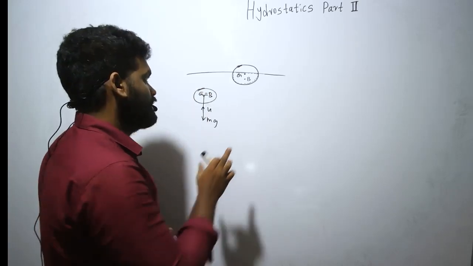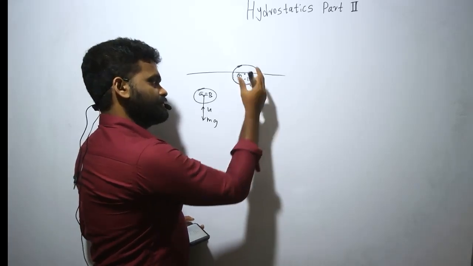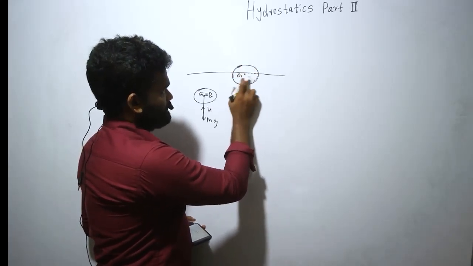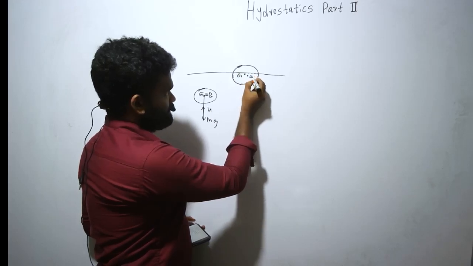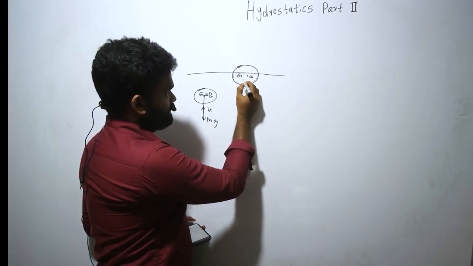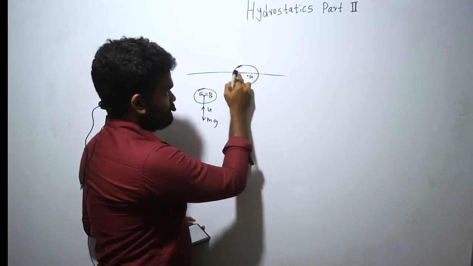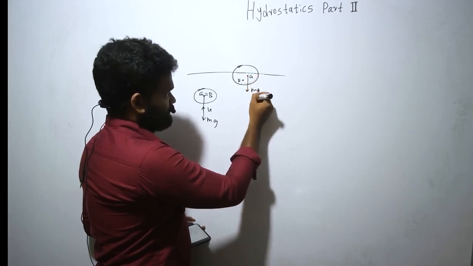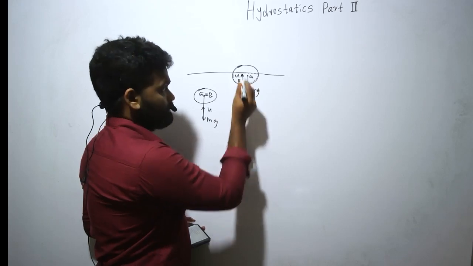It doesn't change. If you take this object and tilt it, G comes here. That is how you check the equilibrium. G comes here, B comes here. So G acts downwards, B upthrust acts upwards.